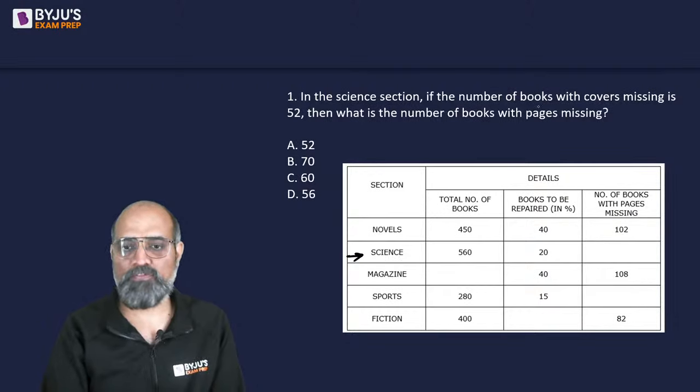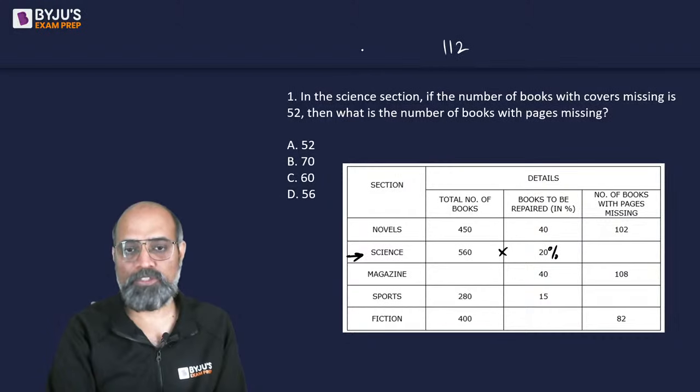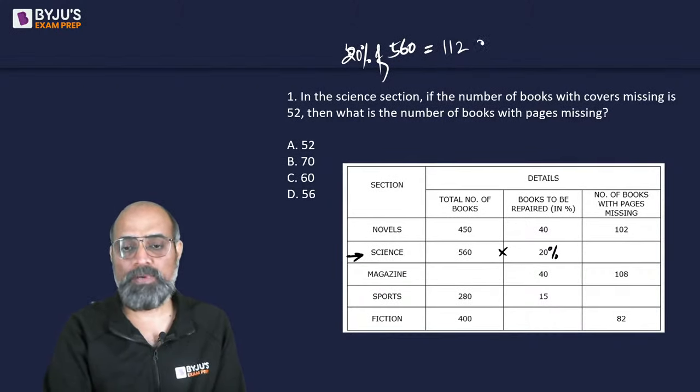If the number of books with covers missing is 52, then what is the number of books with pages missing? So we are given that 20% of 560 books, which is 112 books, need to be repaired.